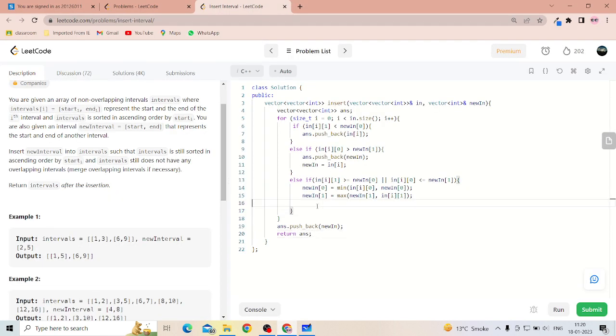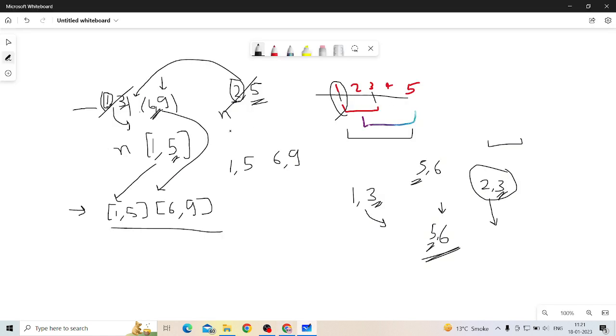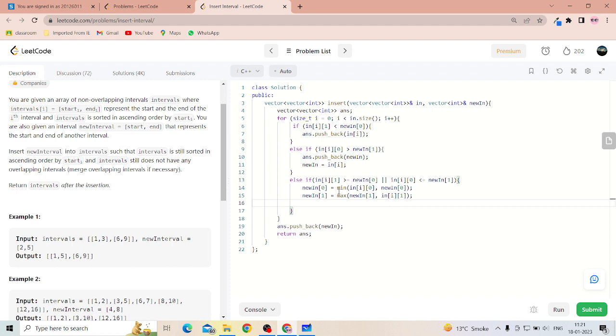Now third case is if it is overlapping. If it is overlapping, this first answer that I have solved, it is the case of overlapping. So I have solved this. How? I just compared both starting positions and both ending positions. I am taking starting position as minimum of both of them, and ending position as maximum of both of them, and I am making a new interval.